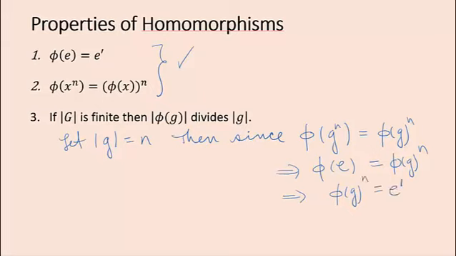And that means that the order of phi of g divides n, the order of G. Remember when we talked about isomorphisms, the order of phi of g is exactly the same as the order of g. But with homomorphisms, which are not necessarily one-to-one, the order of phi of g might be a divisor of the order of g.